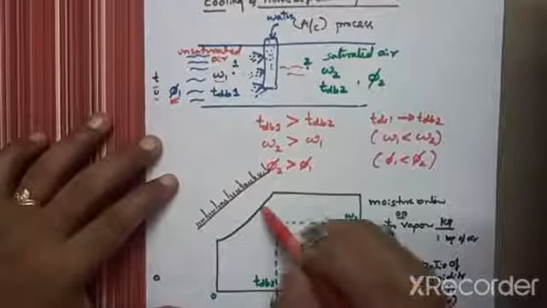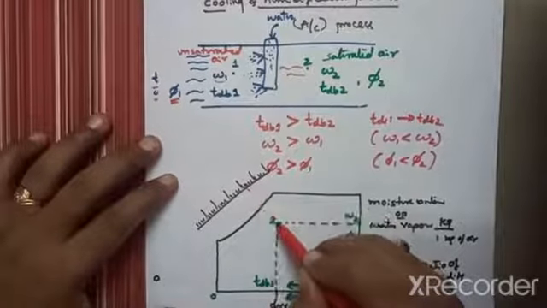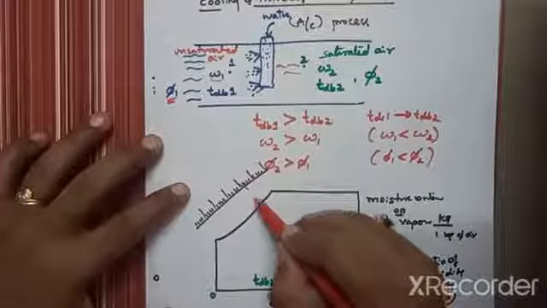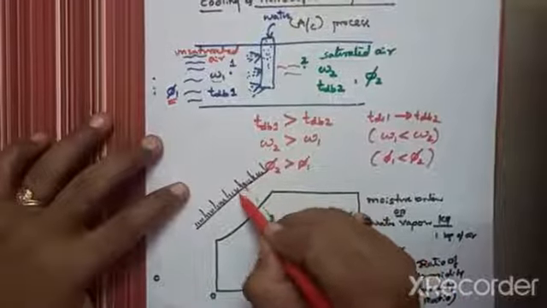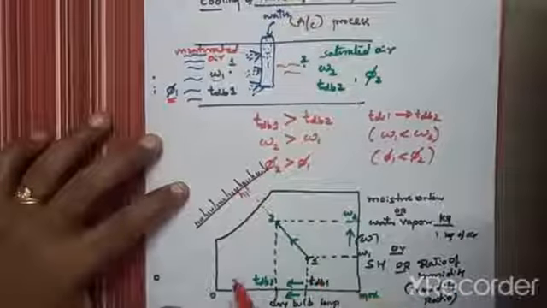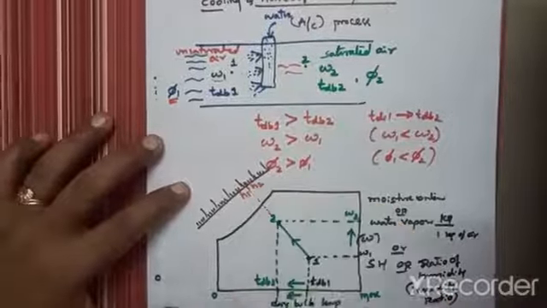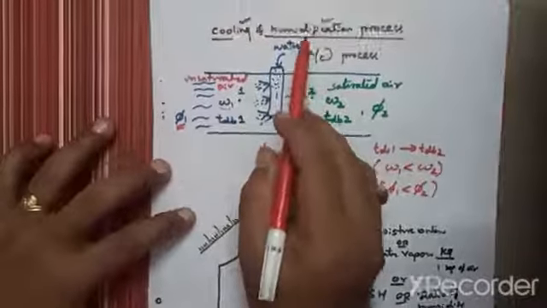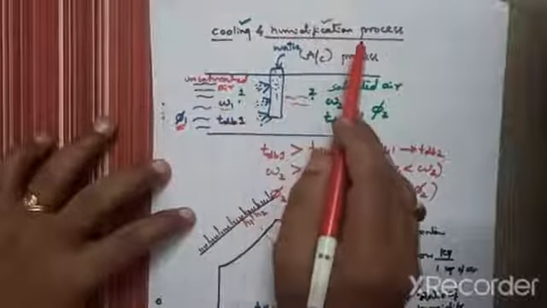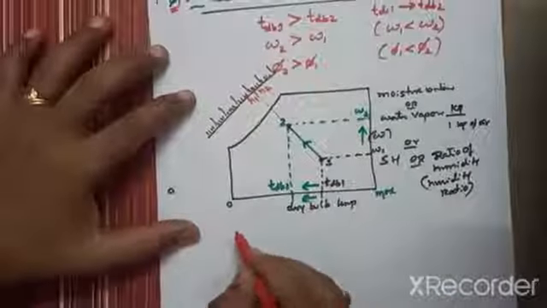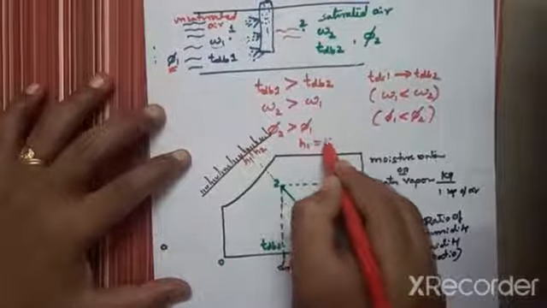So I will extend this line up to the enthalpy line. This is H1, enthalpy at point number 1. Similarly, enthalpy at point number 2 is H2. During the cooling and humidification process, the enthalpy is the same. H1 is equal to H2.